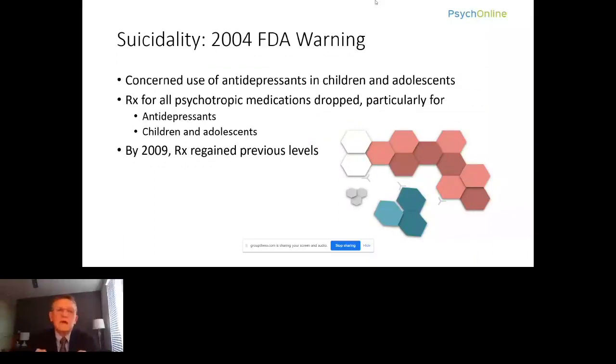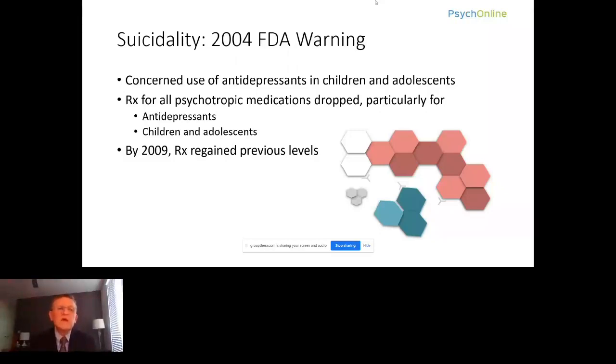The big warning was in 2004 when the FDA expressed concerns about use of antidepressants in children and adolescents provoking suicidality. After that warning, the prescriptions for all psychotropic medications at all age groups dropped, particularly for antidepressants and for prescriptions in children and adolescents.